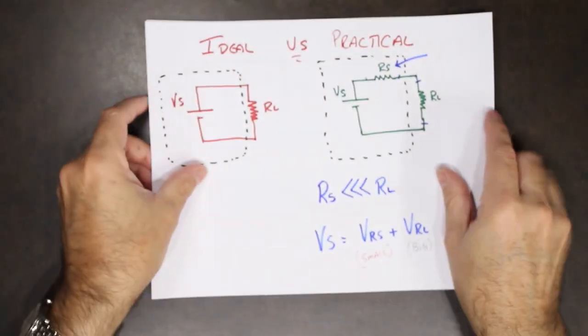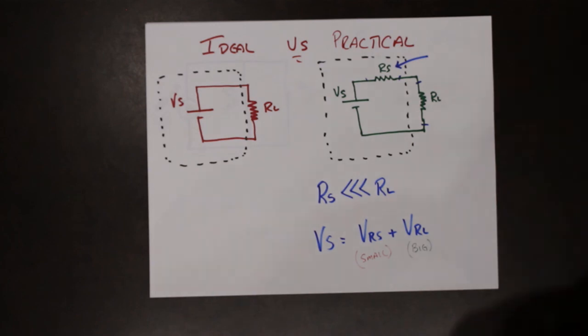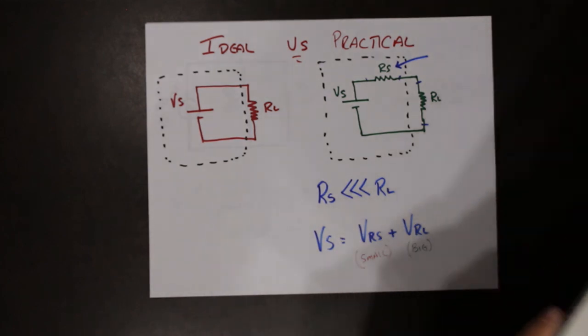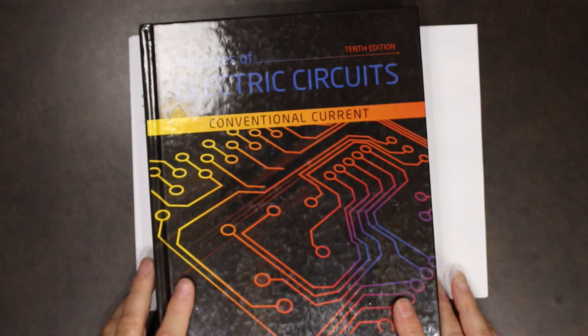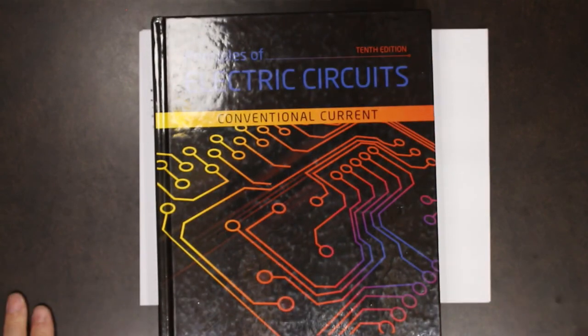All of this can be found in chapter 8. We've got 8-1, 8-2, 8-3 out of our textbook, Principles of Electric Circuits, Conventional Current Flow, from Floyd and Buchla, 10th edition.